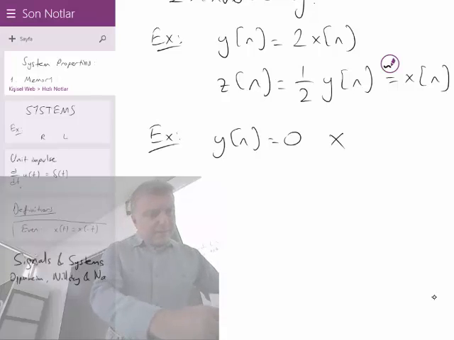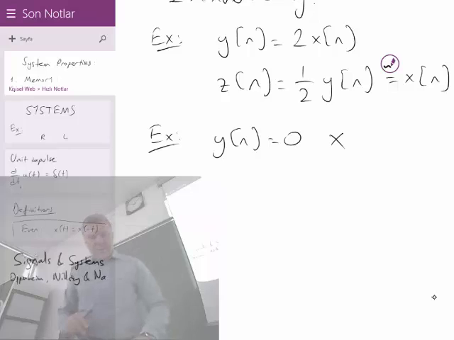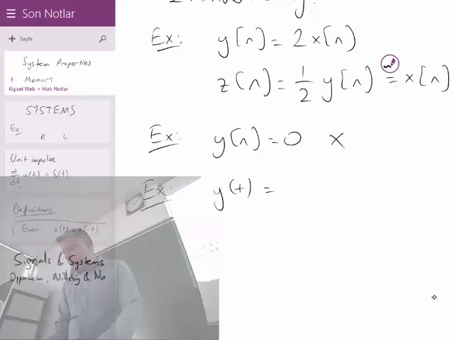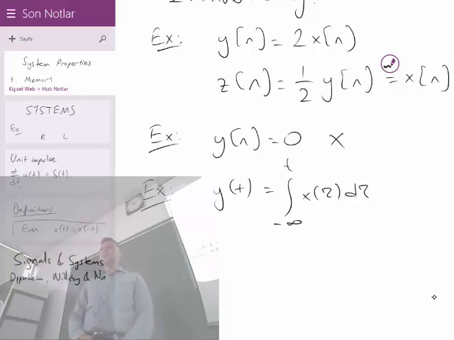Let's see if we have any further examples, but we can construct some examples, of course. y of t is equal to, for example, the integral from minus infinity to t of x of tau d tau. Is this system invertible? Can you tell me x of t from y of t?